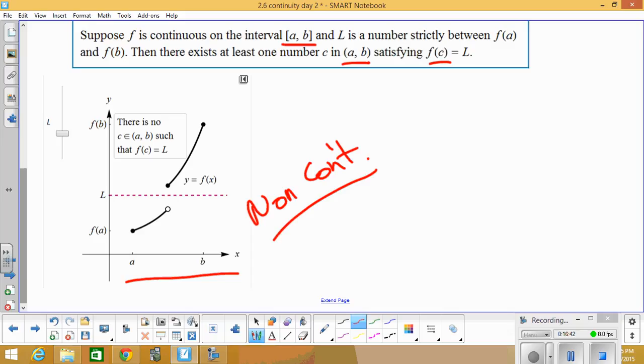I would have to break it down, and then I'm not sure if I can prove that by the intermediate value theorem using this first piece from here to here. The only one that's a closed interval would be from this point to that point, and then maybe I could use the intermediate value theorem. But as it stands in the given situation here, there is no closed interval, no c that will satisfy this.